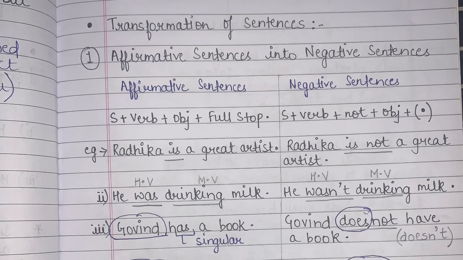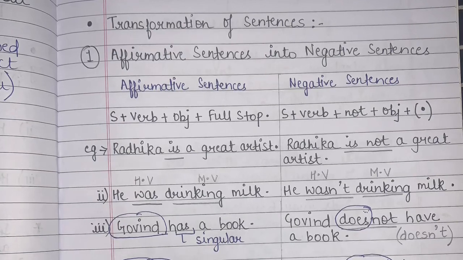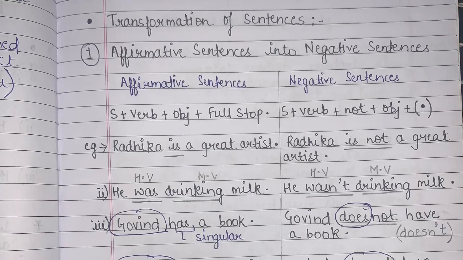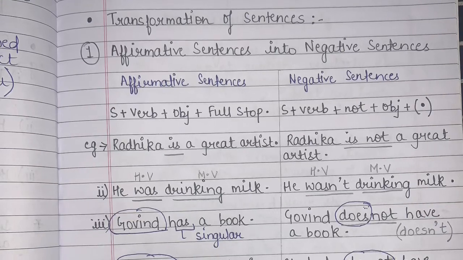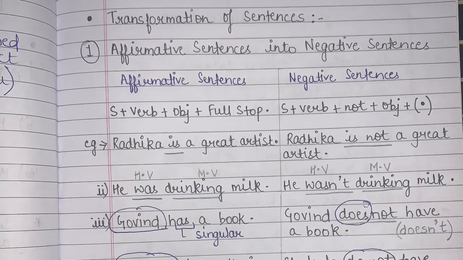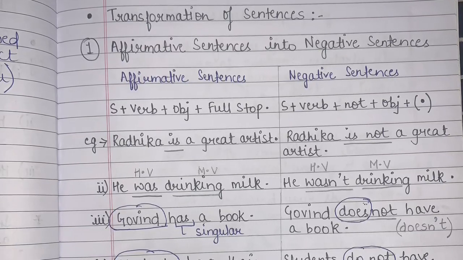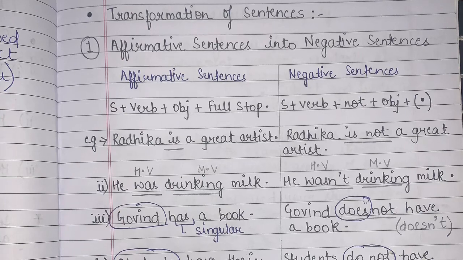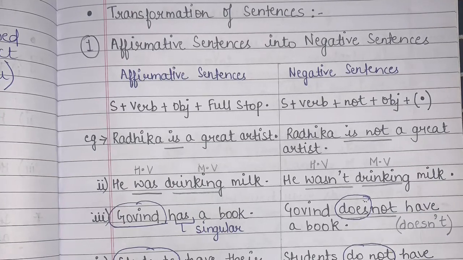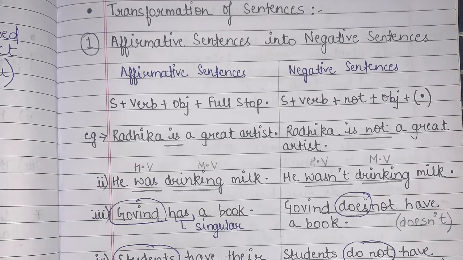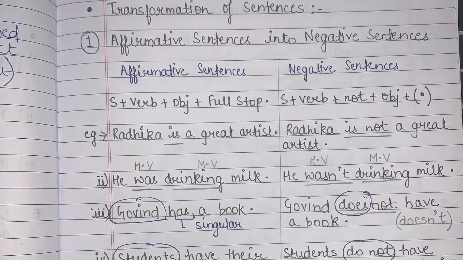So for that, if we talk about affirmative sentences, the structure goes like this: subject plus verb plus object plus full stop, right? Make sure that full stop is very important in order to complete the sentence, right? So students, now we have to change this into negative sentence. So we have to check the structure of the negative sentences as well.